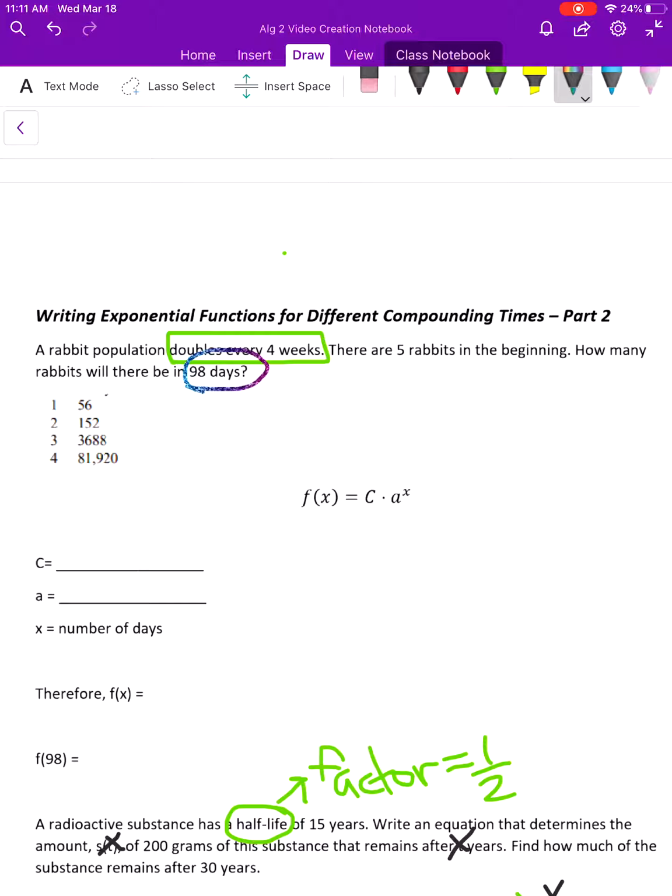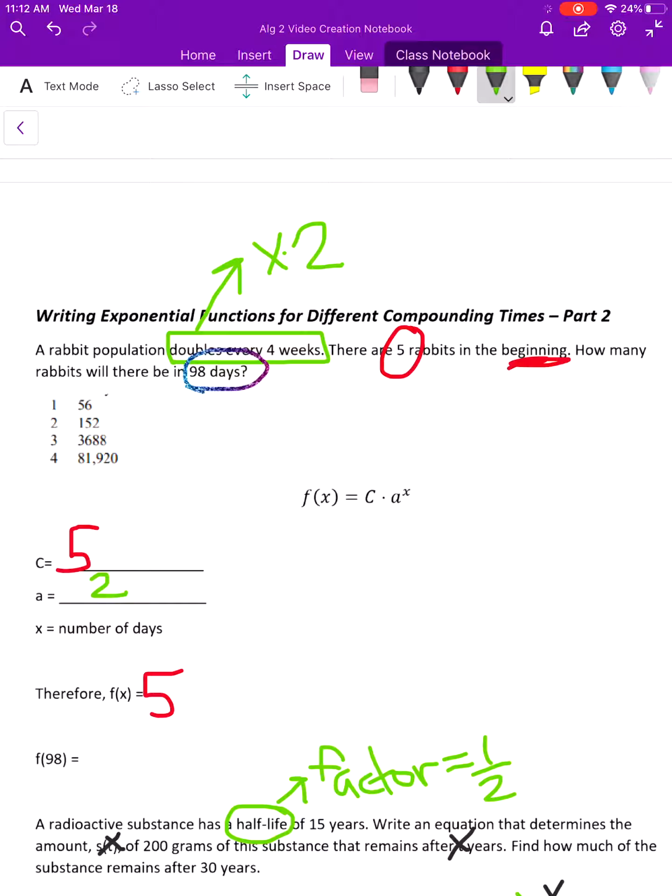And so let's take from the problem everything that we know. We know that the initial value, because it says at the beginning, is 5. And we know that the factor is 2, because whenever we see the word doubles, we want to think multiply by 2. But we know that this happens every 4 weeks.